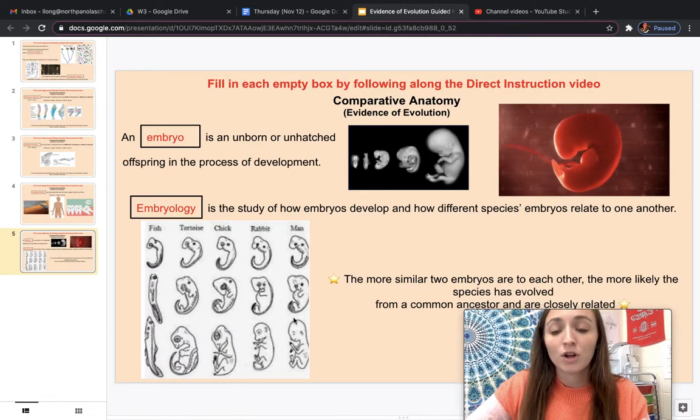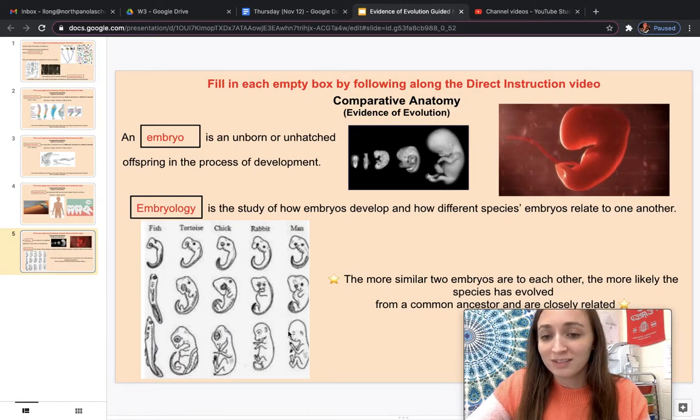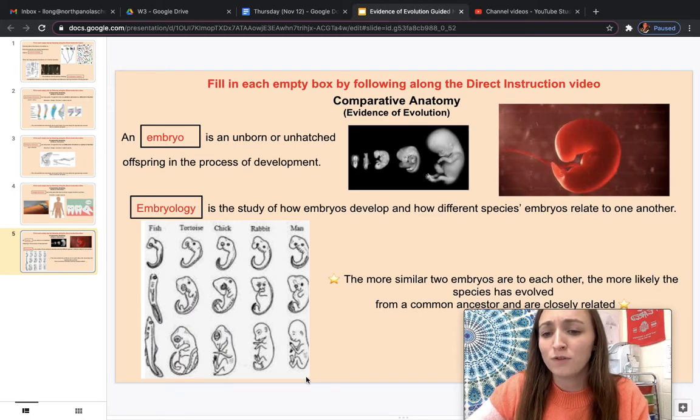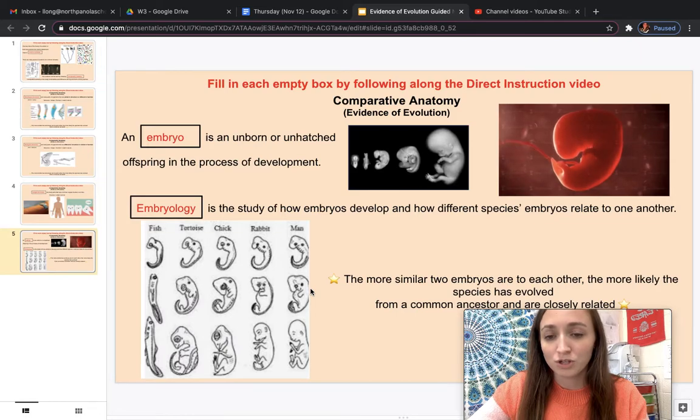So the more an embryo looks like another species, the more likely those two species are closely related. If you look at a human right here and the fish, our embryos don't really look that similar, right? So we're not very closely related to the fish. We don't really share a common ancestor.